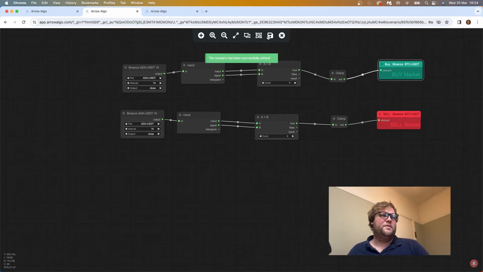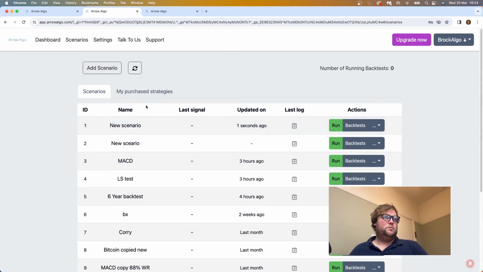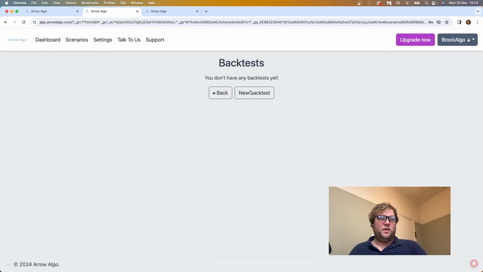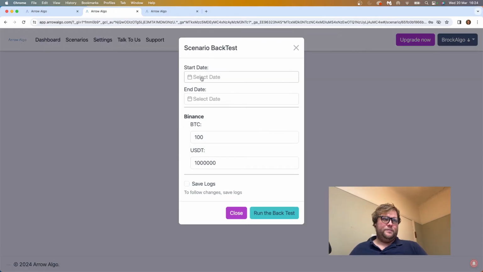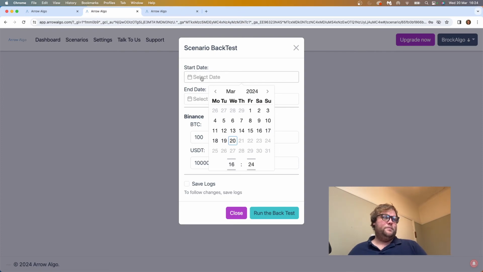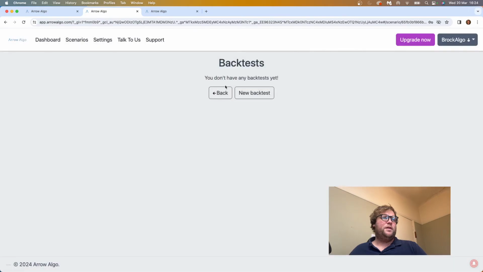But if I was to save this now and run a back test, you'd probably see quite a lot of signals generated on this. Backtesting is, again, very easy.